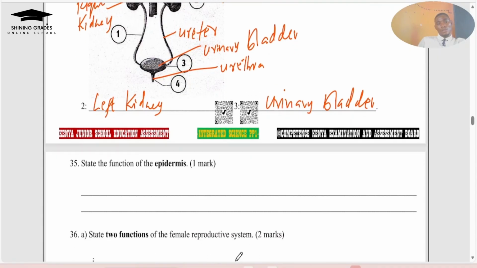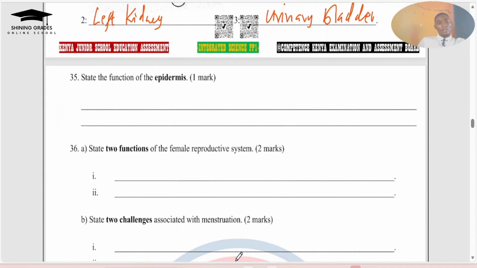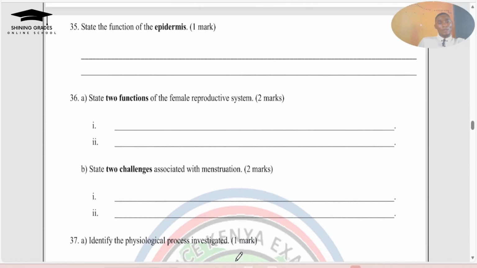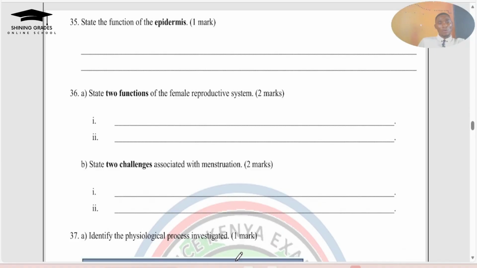Next, question 35. State the function of the epidermis. Epidermis is one part that is common in almost all the living cells or tissues. The main function of epidermis is protection.